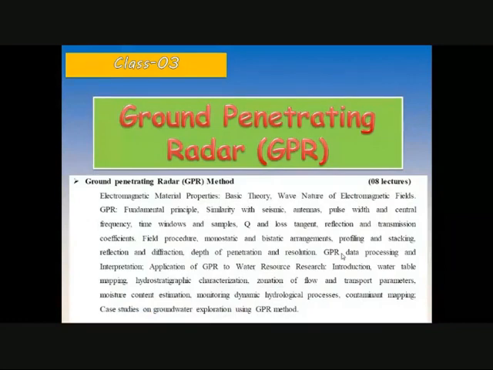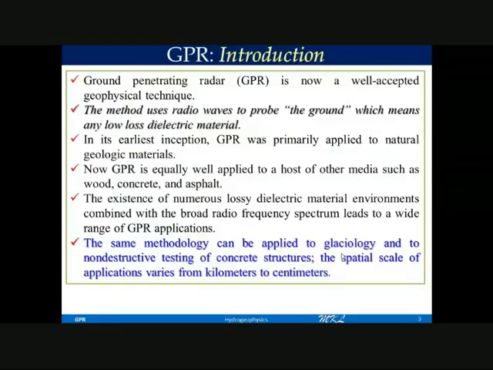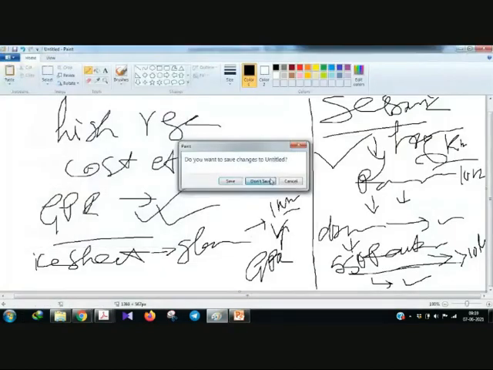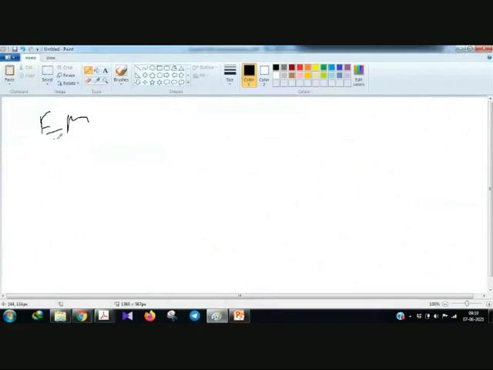So this is the syllabus. Ground penetrating radar is now a well accepted geophysical technique. It's a very recent technique. The concept or idea of GPR is EM theory, and as you know from the previous classes, EM theory is more than 100 years old.